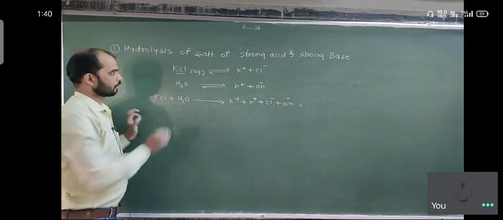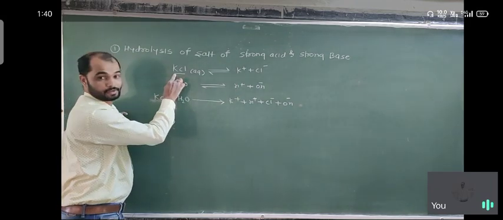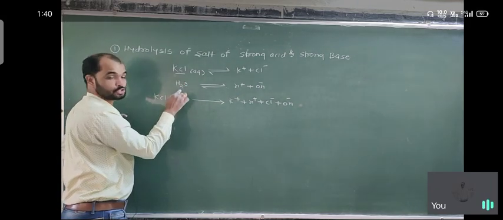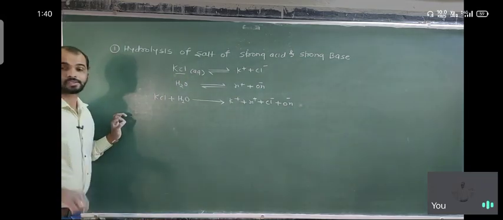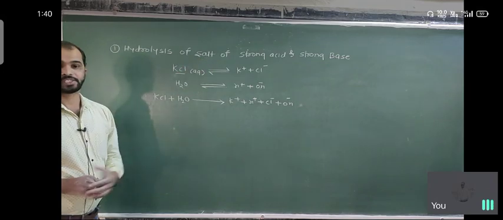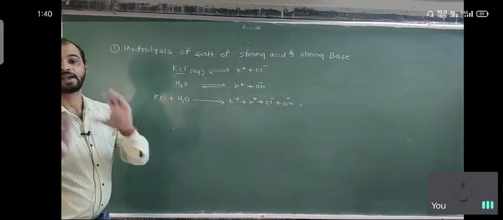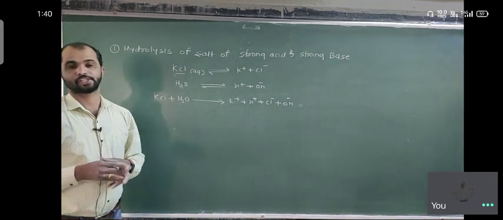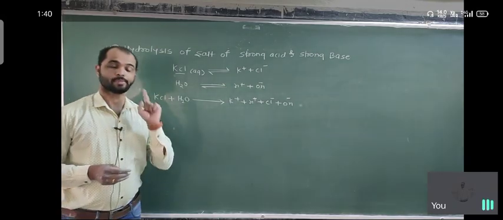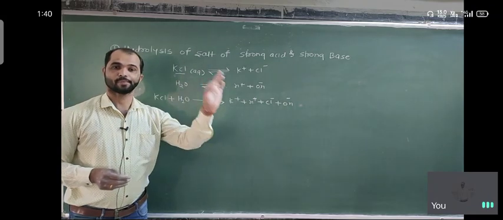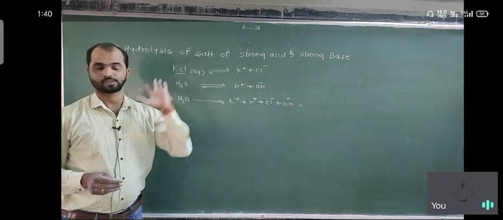Means we are back here again. These are mixed together, means it is an aqueous medium, and again it dissociates. Means after this hydrolysis we are not getting the acidic or basic nature. What we expect as the result of salt hydrolysis is the formation of an acidic or basic solution.